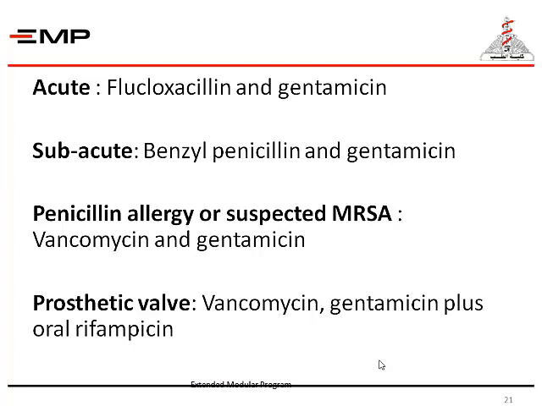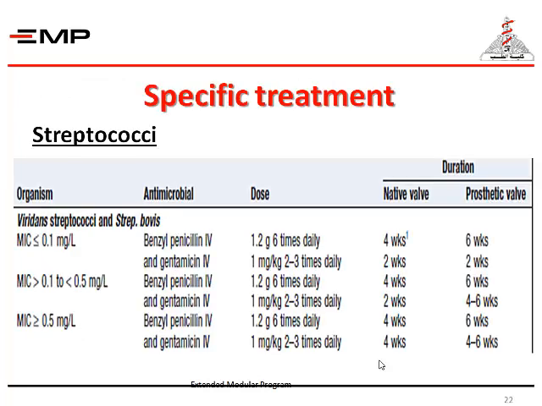If we have penicillin allergy or suspected methicillin resistant Staph aureus, we can start empirically with vancomycin and gentamicin. If we have a prosthetic valve, we can start empirically with vancomycin, gentamicin plus oral rifampicin. Specific treatment.